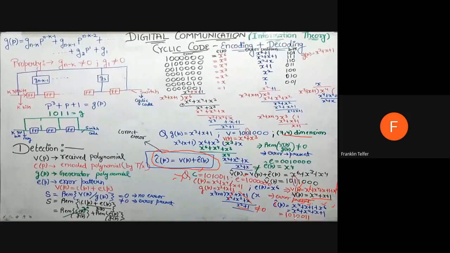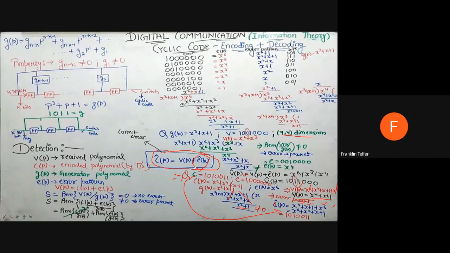What happens here? We compare this C with this E cap of P. So the error is detected and corrected. There's an error and it has been corrected. When you add this corrected error pattern E cap of P, the received signal code word has been corrected.